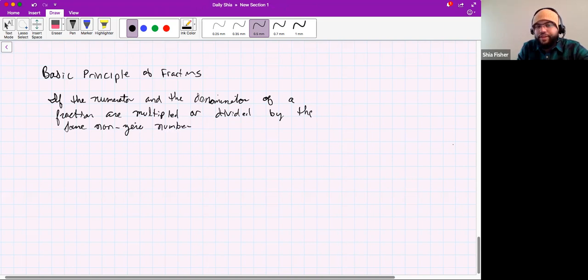You'll see this a lot in math, like some if clause and then a then. It doesn't say then in the book, but it's the same idea: if this, then that.